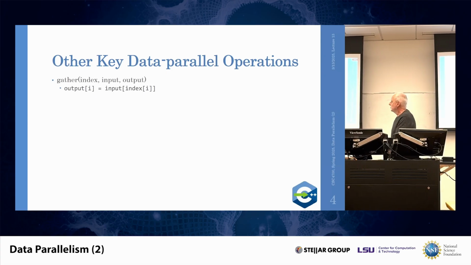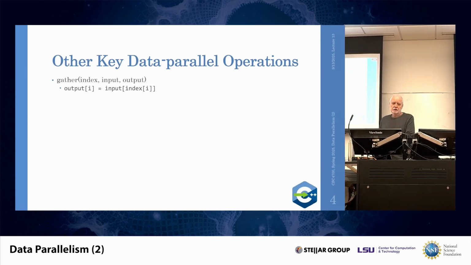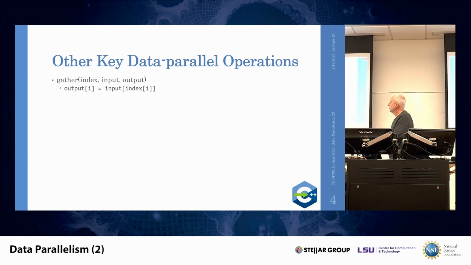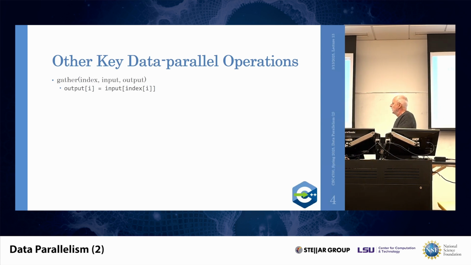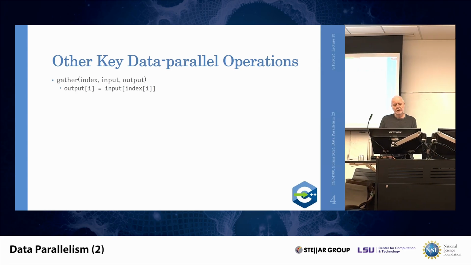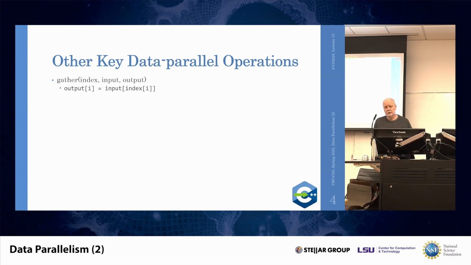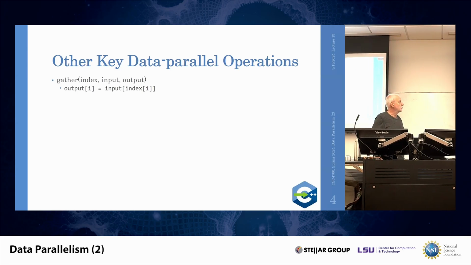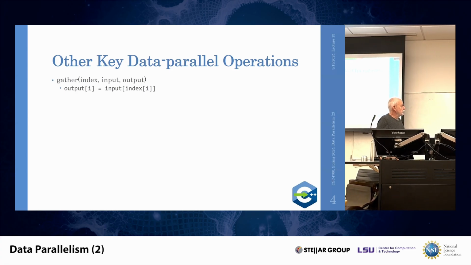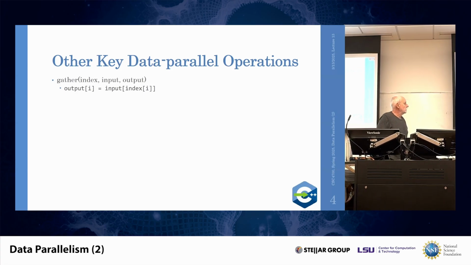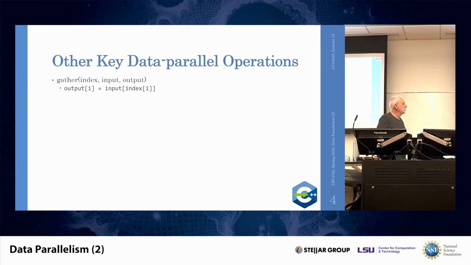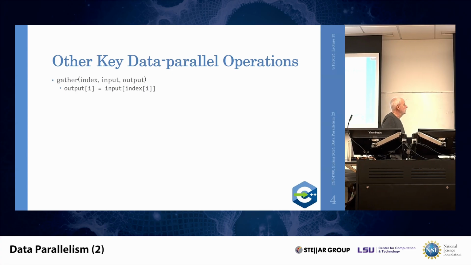Okay, let's start with very simple operations that are very common and appear over and over again. One is the gather operation, where you have two arrays, the index array and the input array. The index array contains the indices into the input array that have to be copied to the output. So in general, it's just output[i] equals input[index[i]], the ith index from the index array used to refer to a particular element in the input.